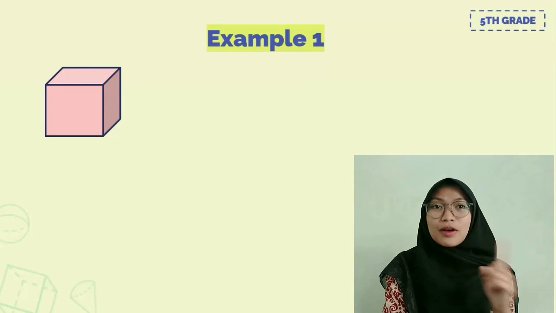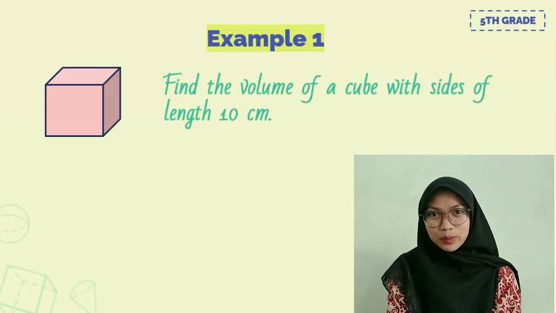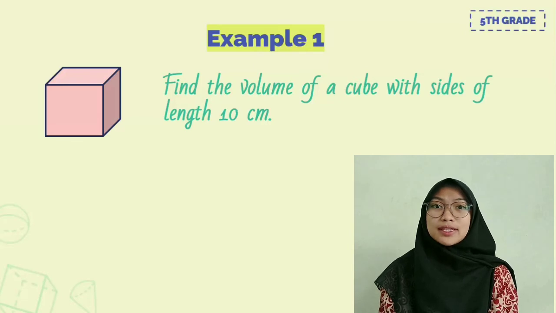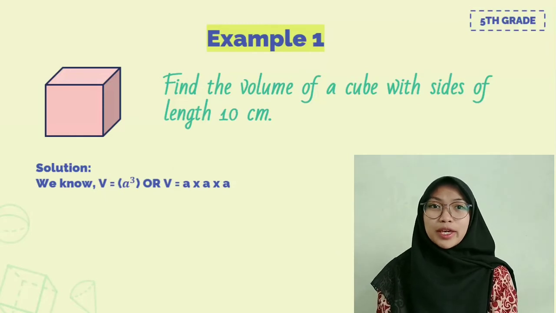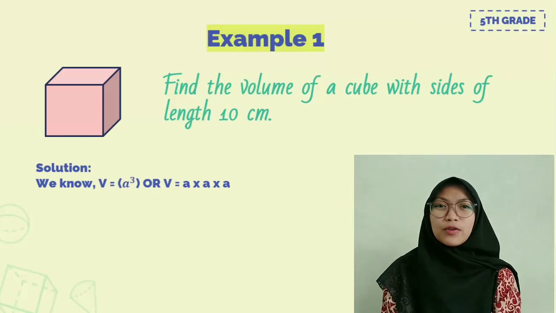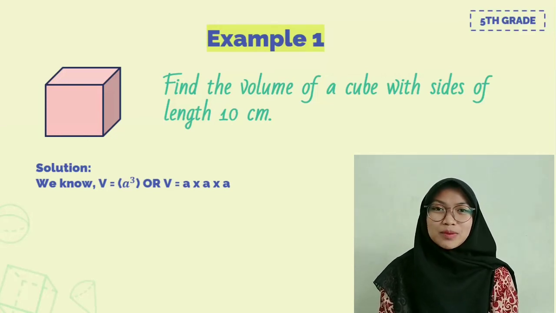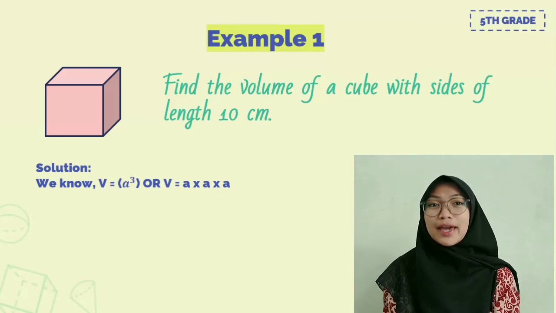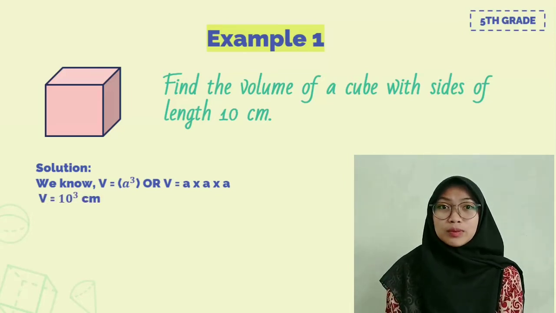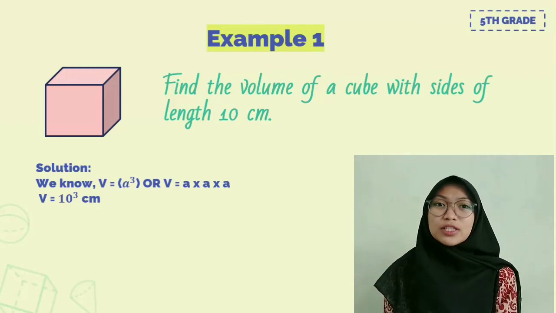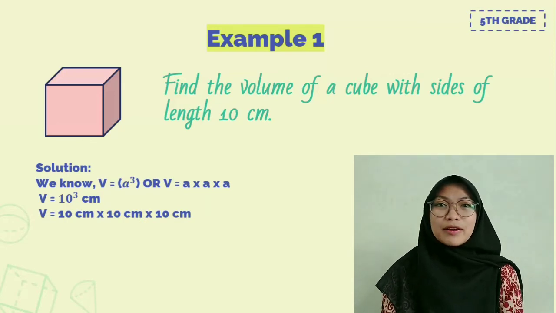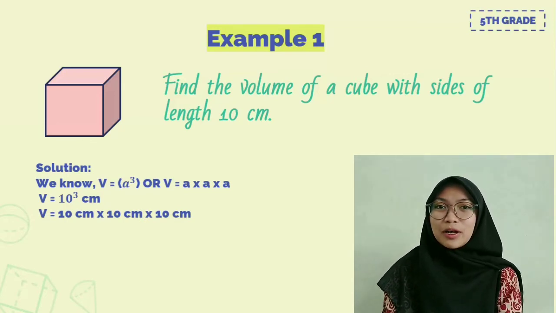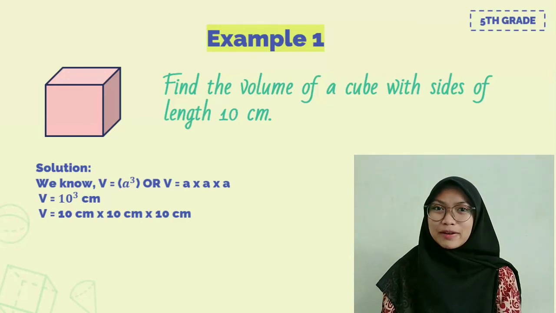Example 1. Find the volume of a cube with side length 10 cm. Solution. We know that volume equals A raised to the power of 3, or volume equals A multiplied by A multiplied by A. Volume equals 10 raised to the power of 3 cm, or 10 cm multiplied by 10 cm multiplied by 10 cm.